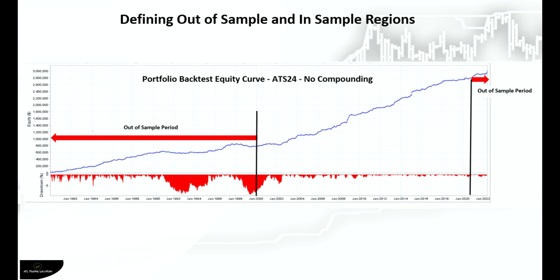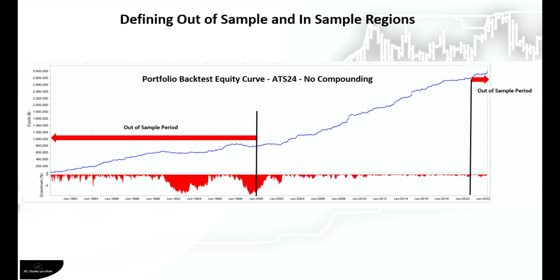Now, from our workflow process, we've used the period 1st of January 2000 to the 31st of December 2020 for all our strategy development and selection processes. So we can therefore plot this in-sample region on the chart, and we can therefore clearly see the out-of-sample regions.